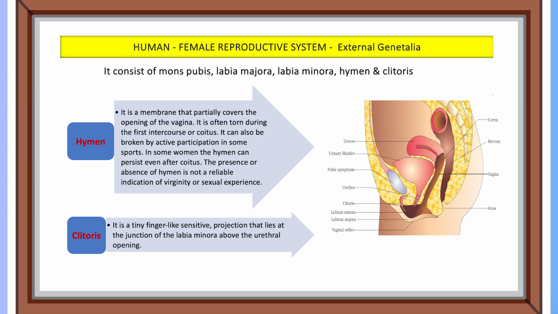The presence or absence of the hymen is not a reliable indication of virginity or sexual experience. The next part is the clitoris. The clitoris is a tiny finger-like sensitive projection that lies at the junction of the labia minora and above the urethral orifice.